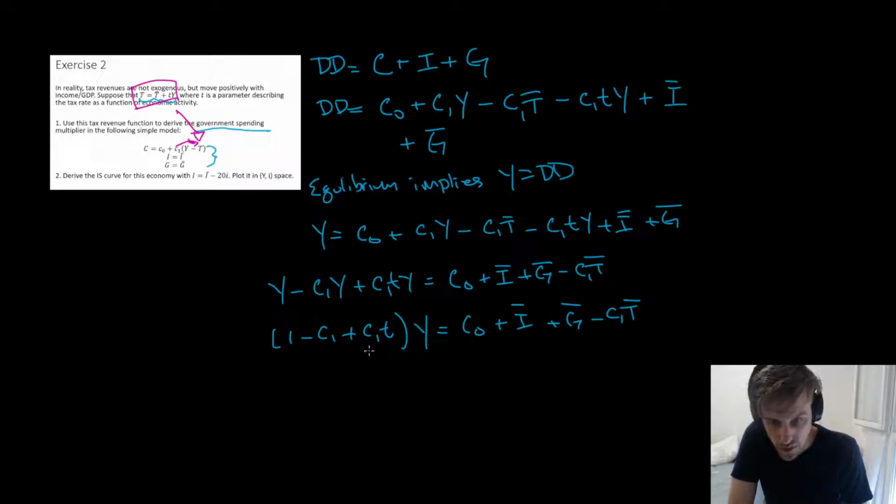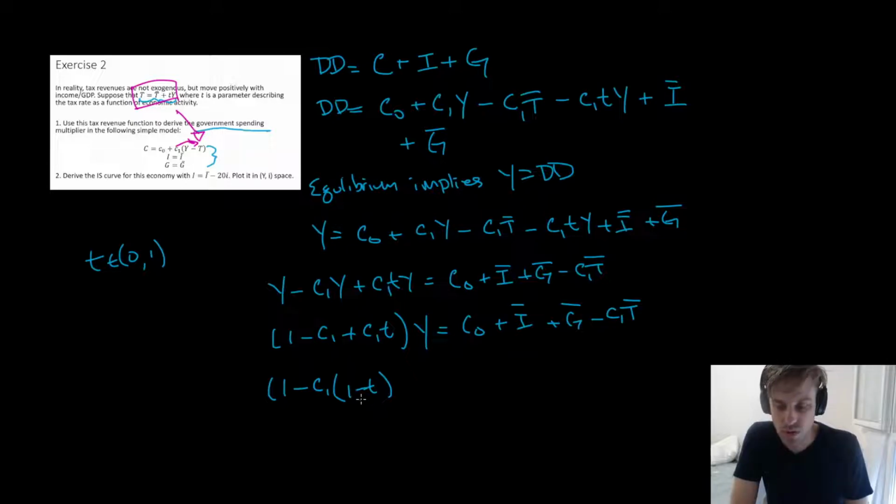We can do another factor. We can factor c1 out of here. So we write 1 minus c1, and we factor out a minus c1, so that we get 1 minus t. Why? Because t is a rate, so we know that t is between 0 and 1.